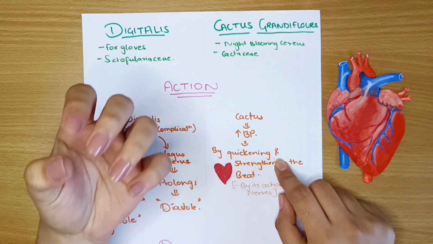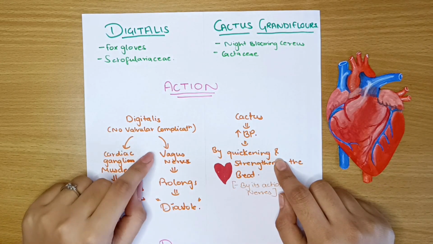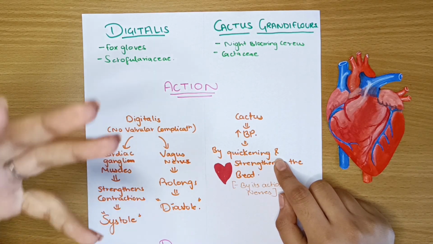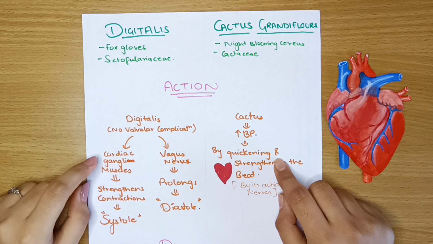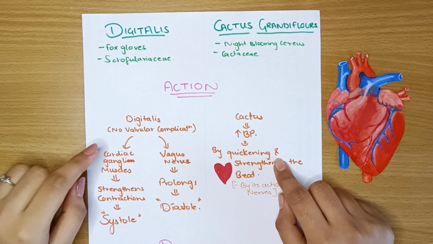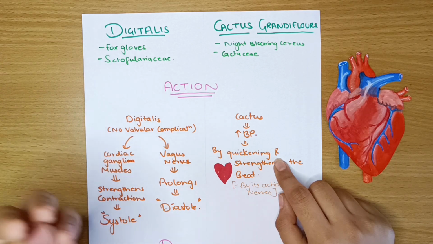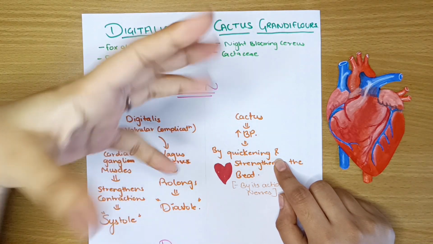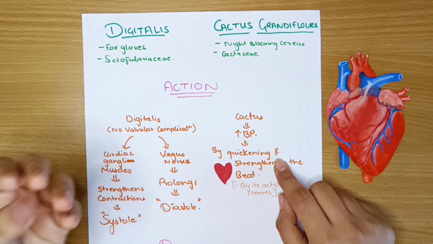We know diastole is relaxation, so it will prolong the diastole by acting on the vagal nerve. Also, it will act on systole by strengthening the contraction, by acting on the cardiac ganglia. Alright, this is how digitalis will act on the centers of the heart.